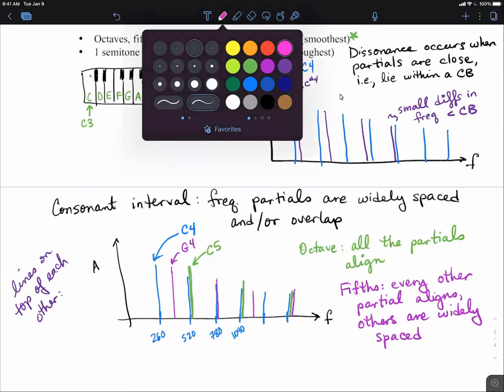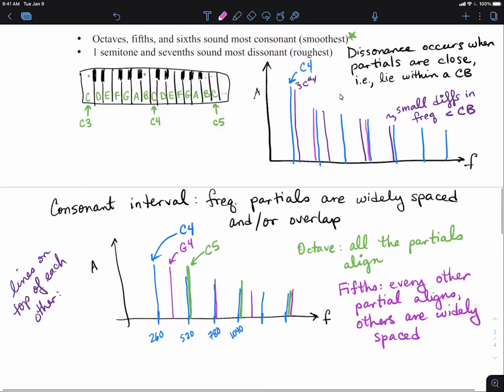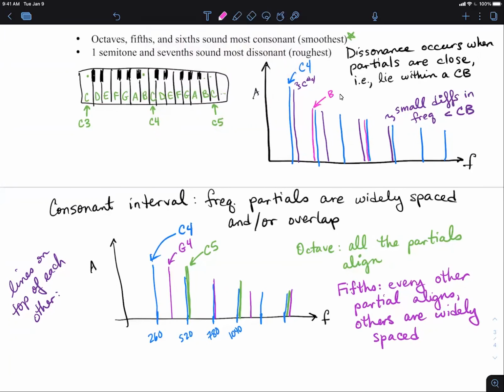And then if we did a B4, you would be almost at the octave, and then almost at the octave again, etc. So you would get, again, beating because of these differences that are kind of close. So dissonance occurs when the partials are close and lie within a critical band, and at the octaves the partials align.